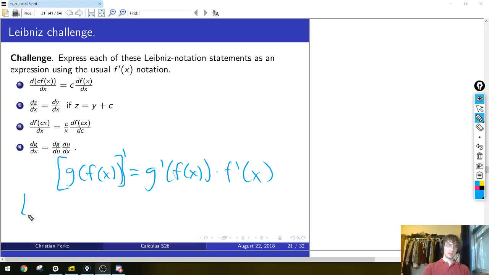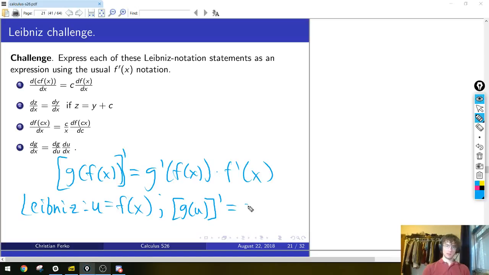So in Leibniz notation, it's convenient to define a new variable u, which is f of x, and then the above line would say g of u, since I've replaced f of x with u, g of u quantity prime is g prime of u times u prime.